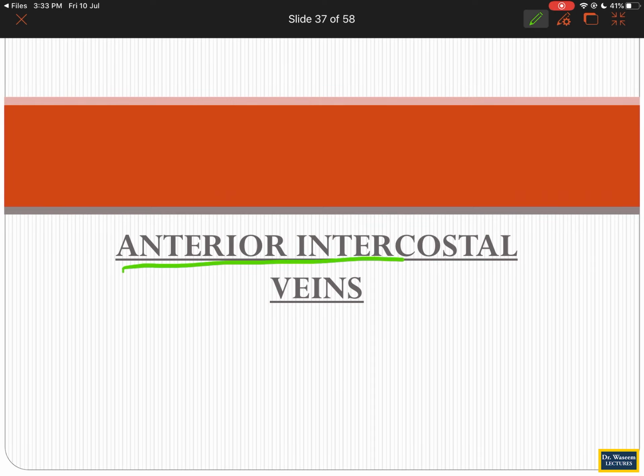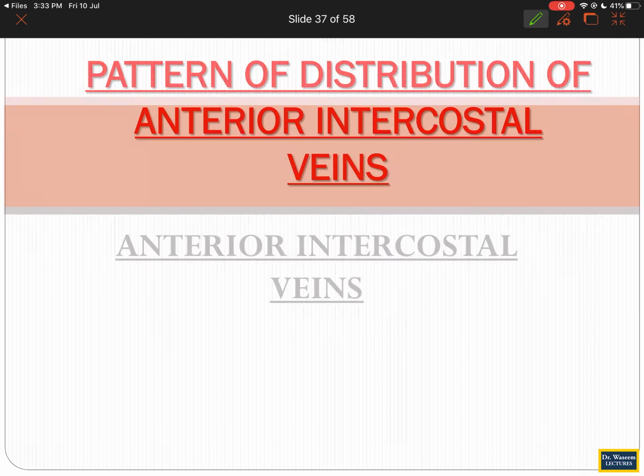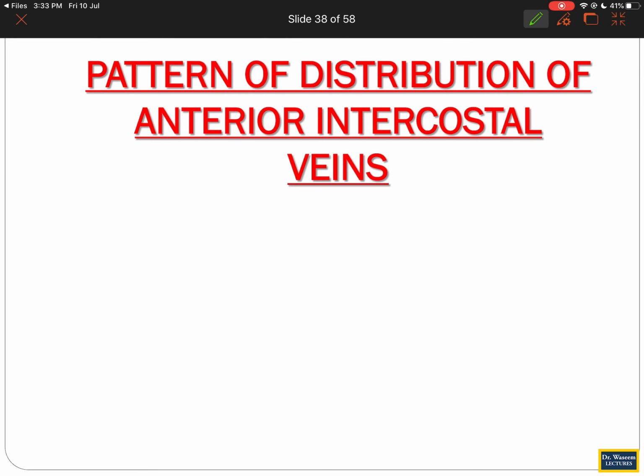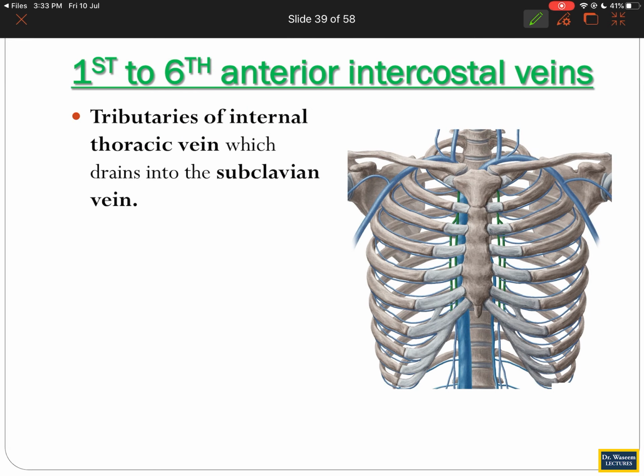As for the anterior intercostal veins, there is no difference, they are identical to the arteries, but this time you will not call them branches, you call them tributaries. You see that they are also two. So the tributaries from the first intercostal space, second, third, fourth, fifth, sixth enter into the internal thoracic vein.